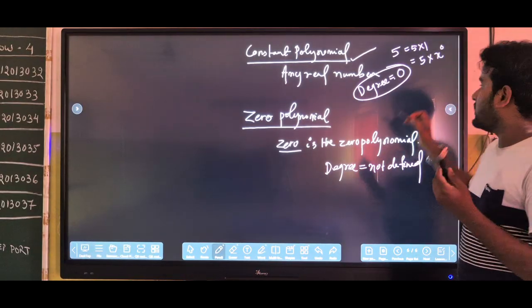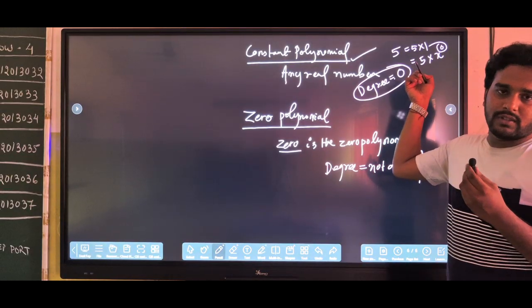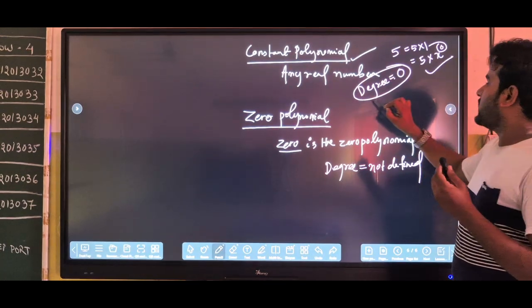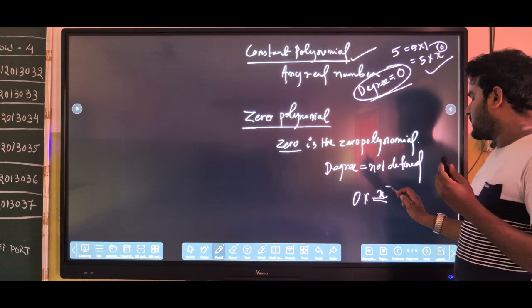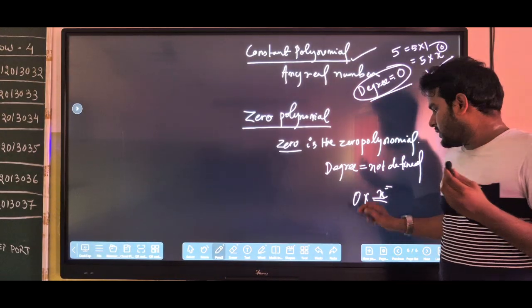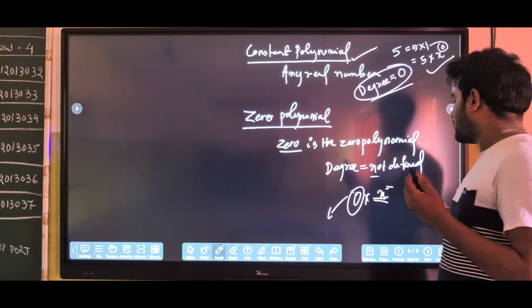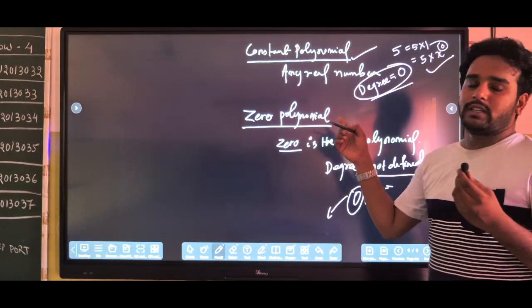So here you can see the exponent is 0 and that is the highest power of the constant polynomial. So the degree becomes 0. But in zero polynomial we can't say x to the power what number, any number can be put, the value is reduced to 0. So it is not defined. The particular value cannot be told for the degree of a zero polynomial.